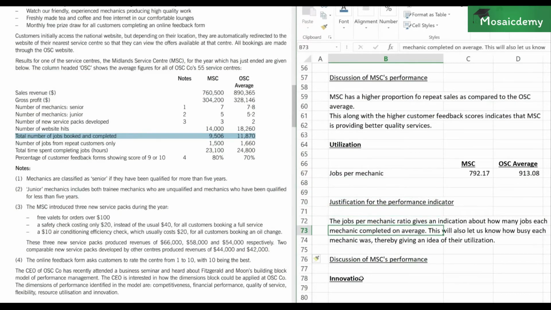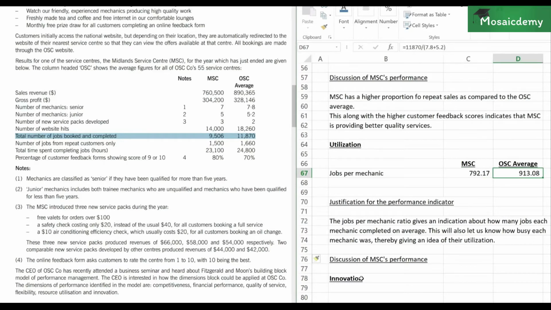Okay, let's discuss their performance. So they actually have a significantly lower utilization than the OSC average. What that means is mechanics are taking more time to complete a job at MSC because they're completing fewer jobs than the OSC average.